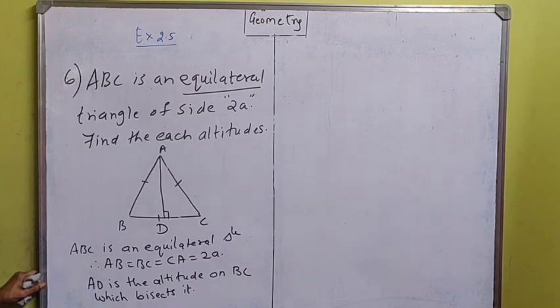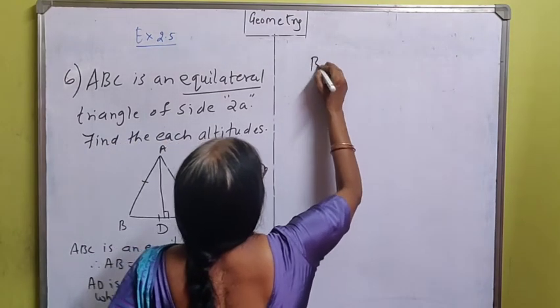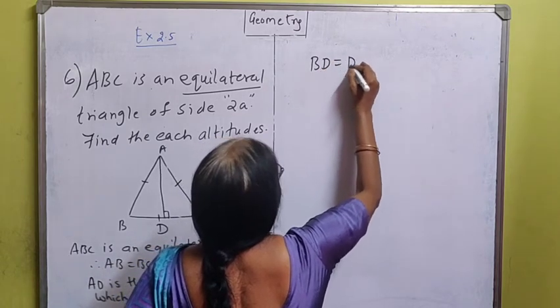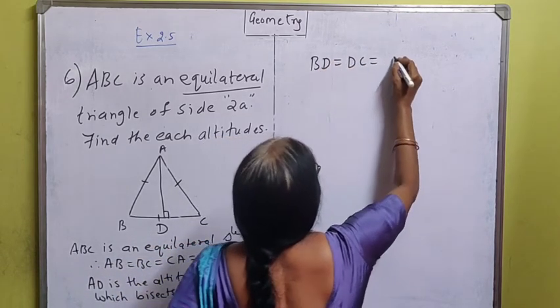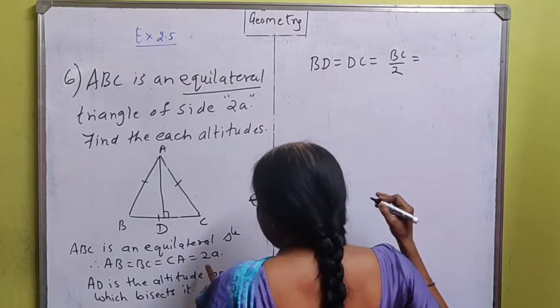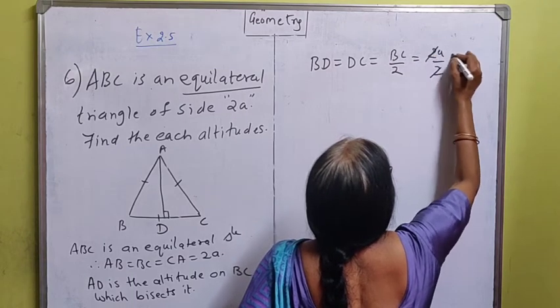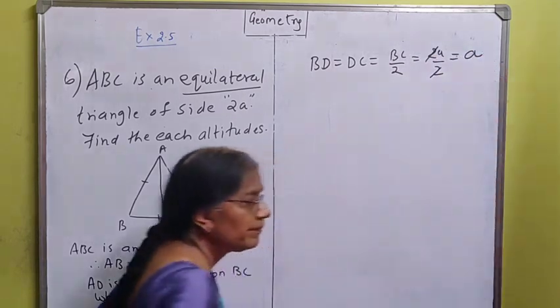Means it bisects BC also. So here we can say that BD is equal to DC is equal to half of BC. What is the BC value given here? 2A by 2, so it is equal to A.